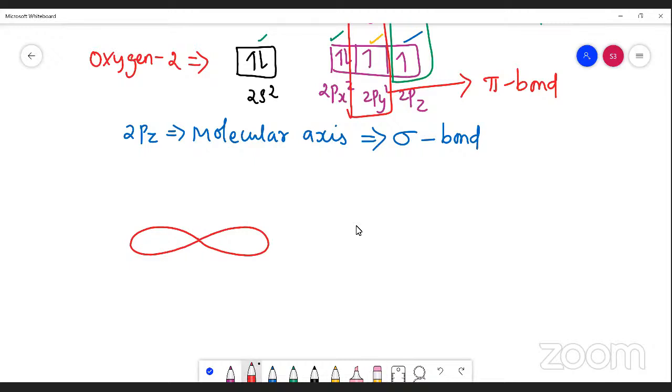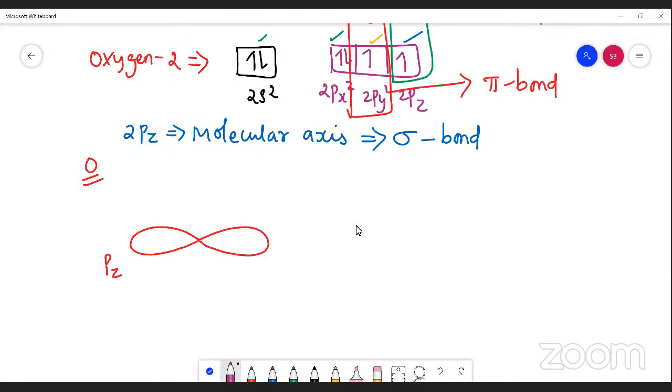Okay, this is 1 oxygen atom, just taking 1 oxygen atom. The 2pz orbital. This is pz. Now the pz contains how many electrons? Only 1 electron. Okay, and same thing, the second 2pz orbital of the second oxygen atom.